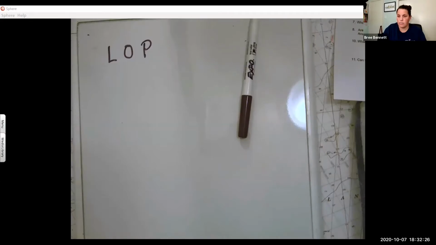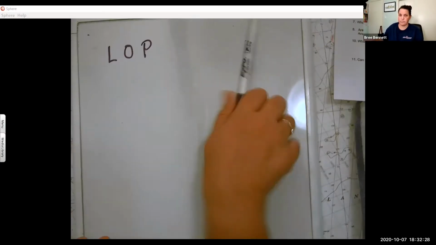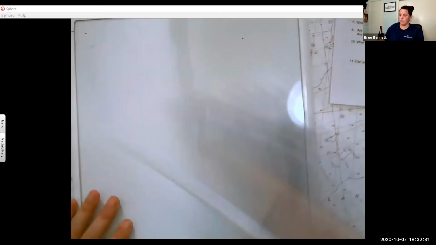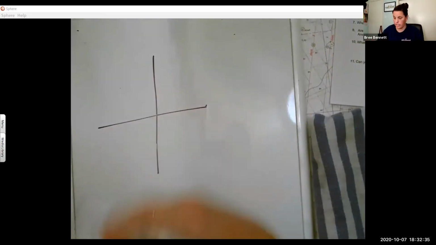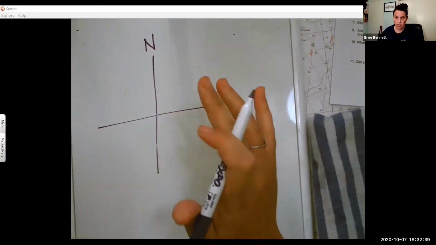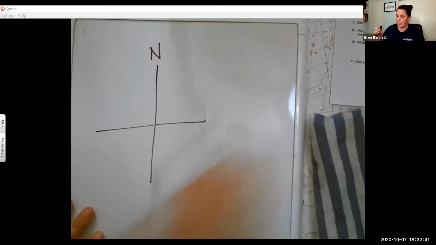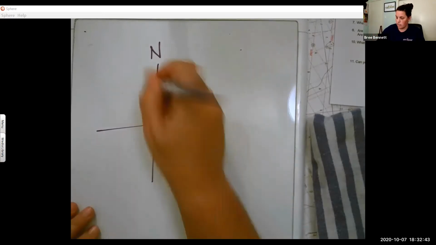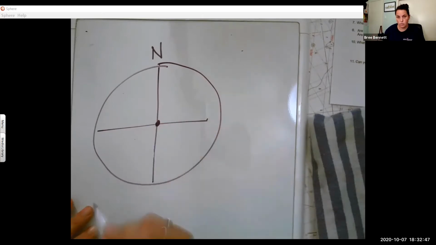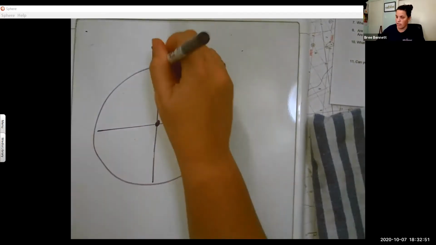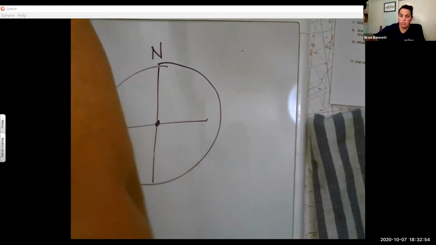Okay, so let's bring this up here. The compass rose, for how we measure degrees, courses, bearings, all of those things, is by a number on a circle. The center is where all of our bearings come from, and north is 0.